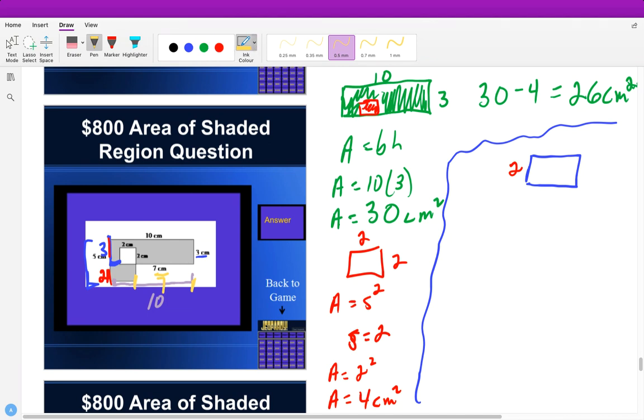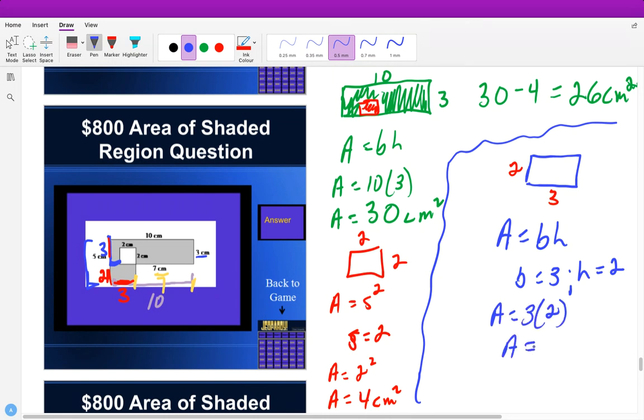What is this missing part that's over here? And that will then be 10 minus 7, which is 3, or 7 plus what number gives me 10? So that means this is equal to 3. So my area of a rectangle is base times height. My base is 3. My height is equal to 2. So area is equal to 3 times 2, or my area is equal to 6.